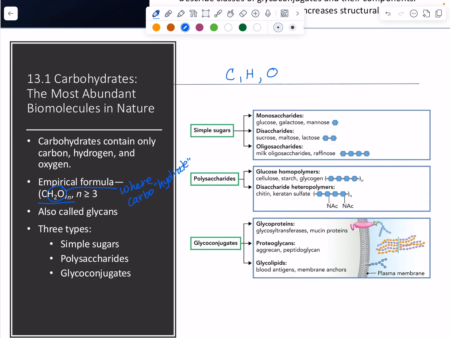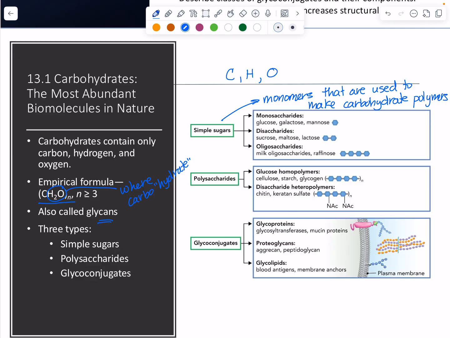So you'll also hear carbohydrates referred to as glycans. That's just a synonym that we use. It's a broad term for simple sugars, polysaccharides, and glycoconjugates. So simple sugars are going to be the monomers that are used to make carbohydrate polymers.